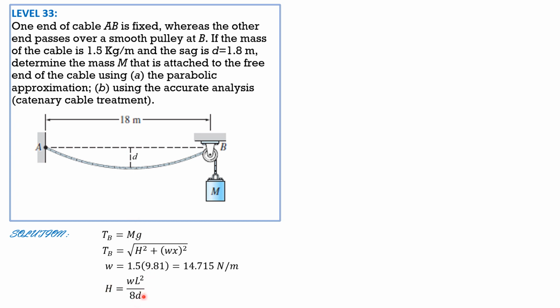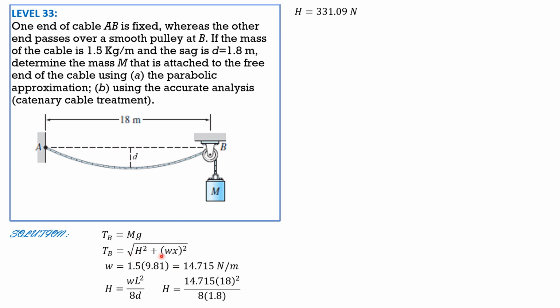So big H times D equals WL squared over 8. Substitute: H is 14.715 times 18 squared over 8 times 1.8. So H is equal to 331.09 newtons.